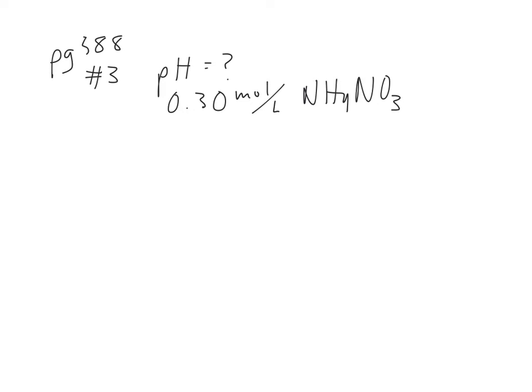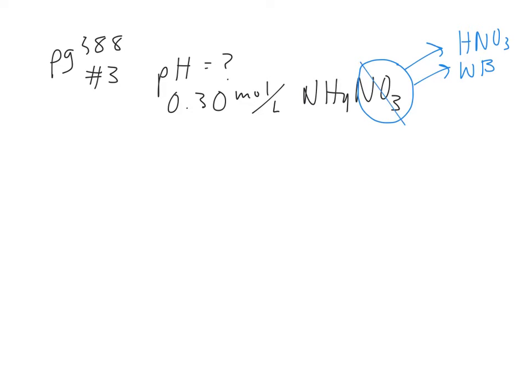So again, recognition is half the battle. I recognize that this anion is the anion of a strong acid, nitric acid, okay? Therefore, this anion is an extremely weak base.